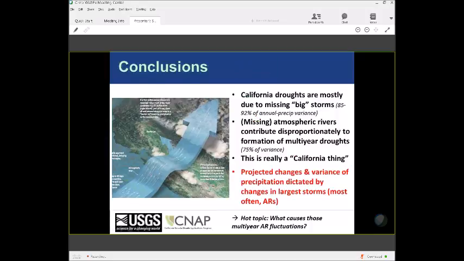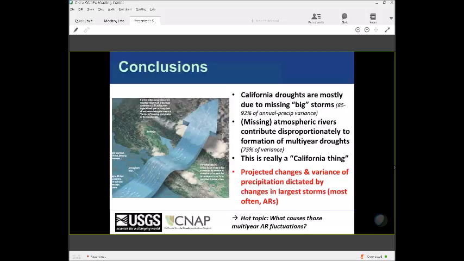So I believe I'm probably out of time, but basically what I've told you is that California droughts are really mostly due to missing big storms, with about 85 to 92%, depending on how you count it, of the annual precipitation variance being attributable to changes in the numbers and the contributions from the largest storms.